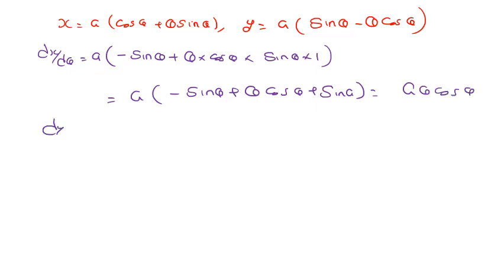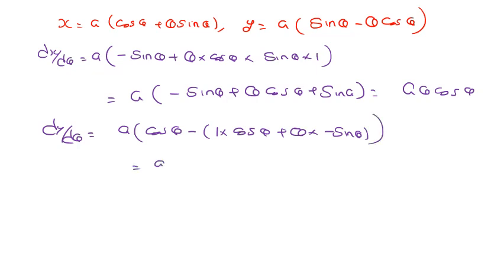Now dy by d theta is equal to a into sin theta derivative is cos theta, minus theta derivative is 1 into cos theta, plus theta into cos theta derivative is minus sin theta. So a into cos theta minus cos theta plus theta sin theta.